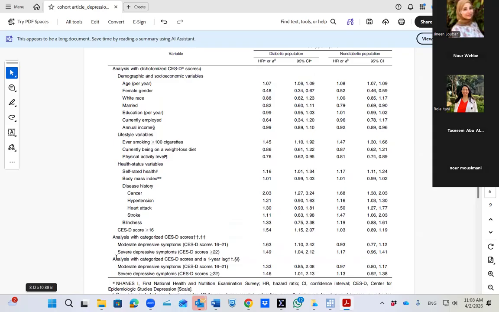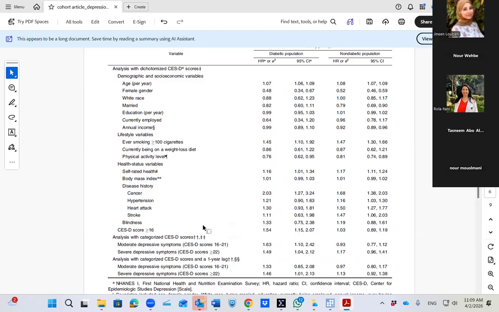Okay. So first, these are unadjusted associations of those covariates with mortality for diabetic and non-diabetic. Okay. Yes, doctor. And below they adjusted for them.